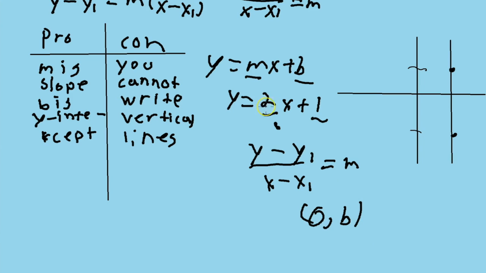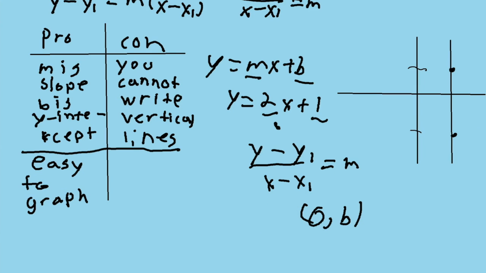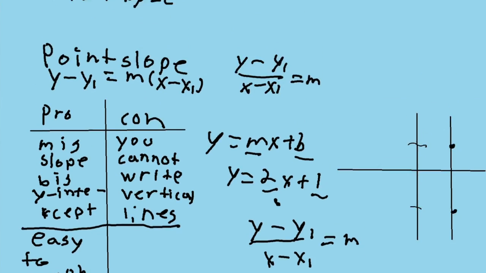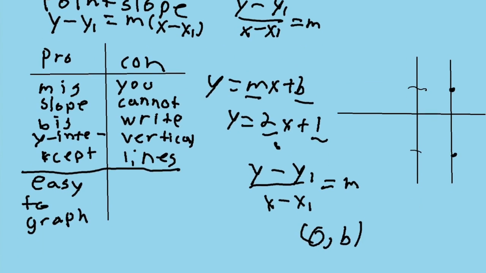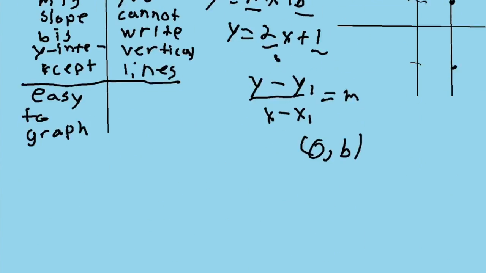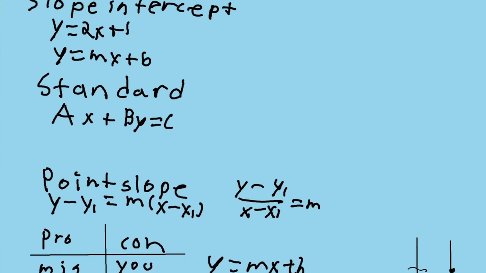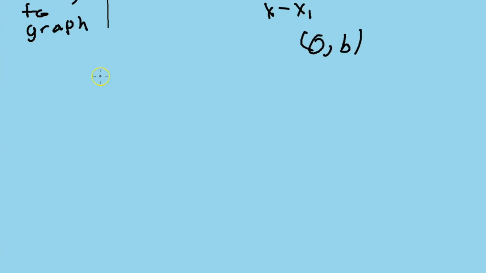For example, in this one, with a slope of 2, you go up by 2 and over by 1. That's already 2 points, and you got a line. Easy. Graphing in a snap. Those are some of the most common pros and cons in slope-intercept form. But obviously there are many more pros and cons than just this. And with that, we'll move on to standard form.